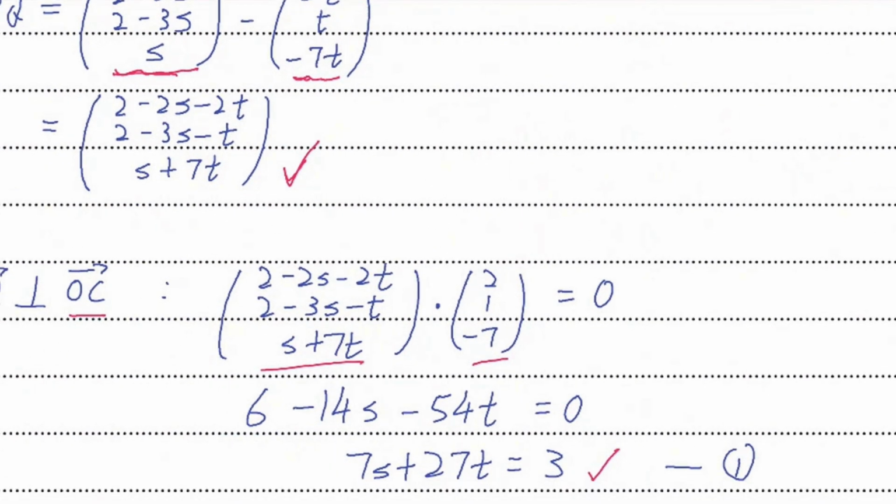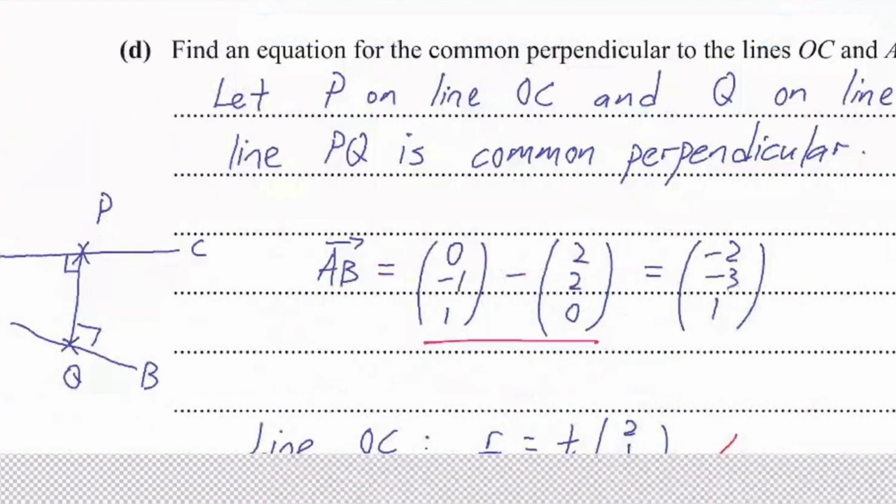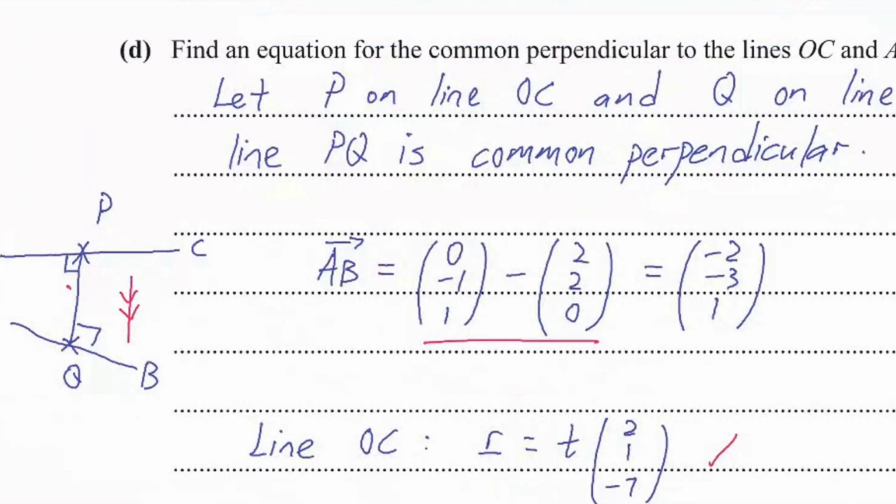What happens when we cross these two directions of the lines is that it gives us the direction of PQ, because PQ is perpendicular to both lines. So this vector, 5, -3, 1, should be parallel to PQ.